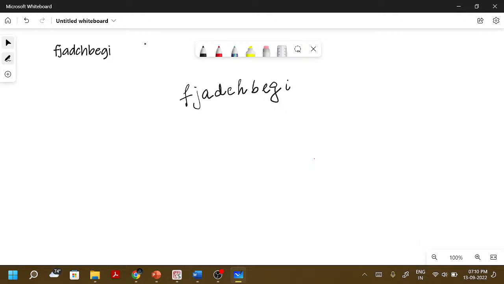So first, I is greater than G, correct? Then G is greater than E, greater than B. So we are going in descending order. So we'll go back in the descending order.